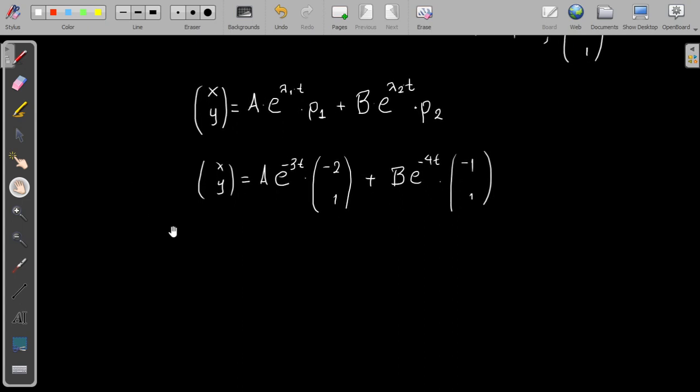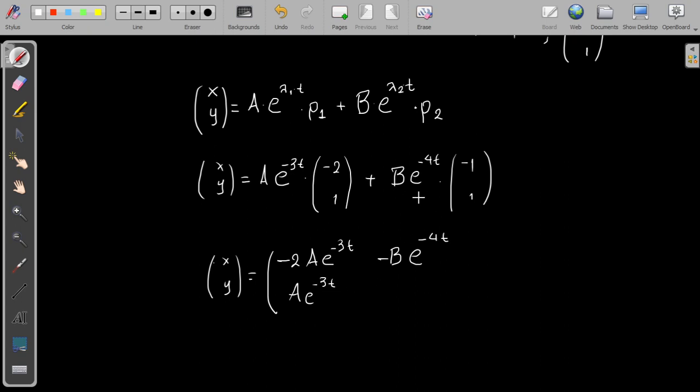Let me write it with more details. Xy should be, if I make the multiplication and put them in one matrix, it will be minus 2 times this one, so minus 2a e to the power of minus 3t, plus b, not plus, minus 1 times this, so minus 1 b e to the minus 4t, and the other one will be a e to the minus 3t plus b e to the minus 4t.